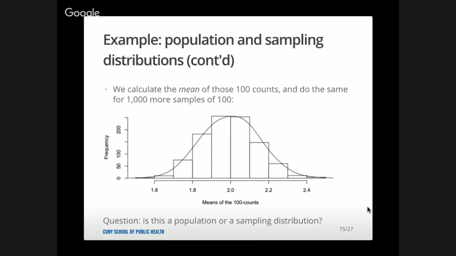And also, the frequency in this case is much higher. Yes, the frequencies are higher because I took 1,000 samples just to make it fairly smooth. I could change the frequencies by changing the number of samples, but yes.